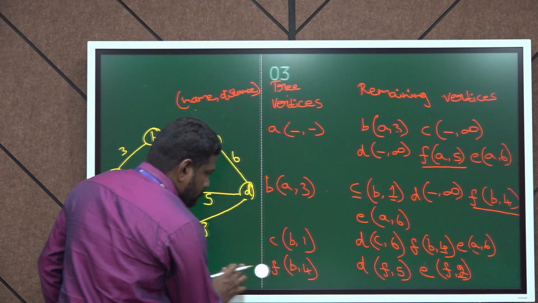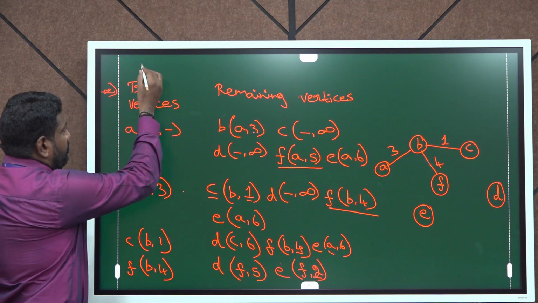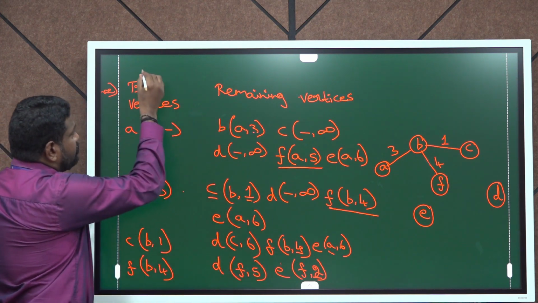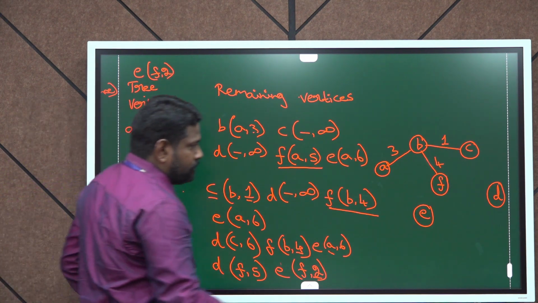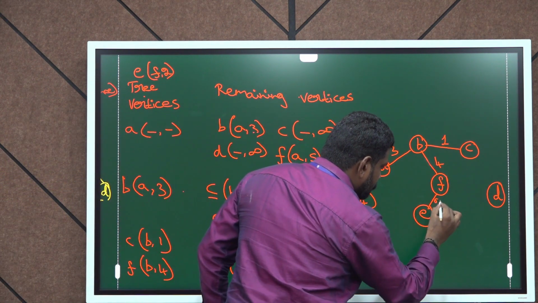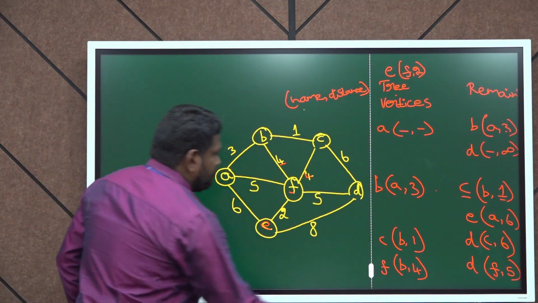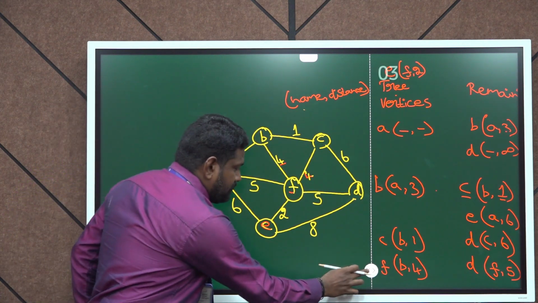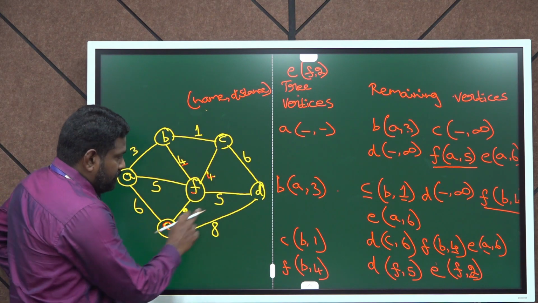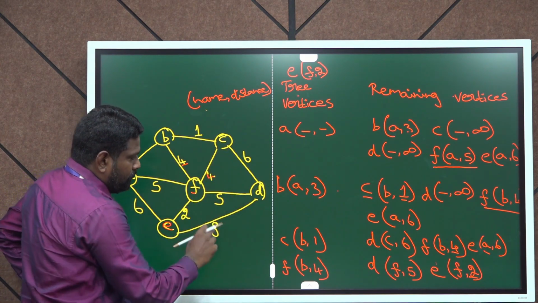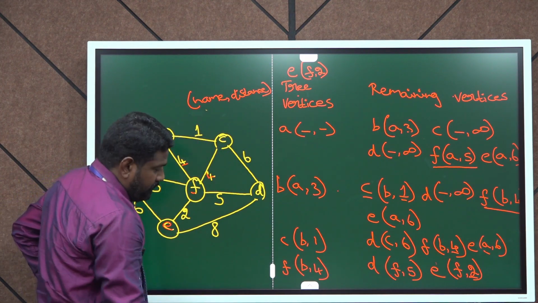So the next tree vertex I am writing is going to be E of F comma 2. Okay. So the only remaining vertex we have not visited is D. So we are going to compare for D. If we come through F it is 5, but if we go through E the weight value will be 8.